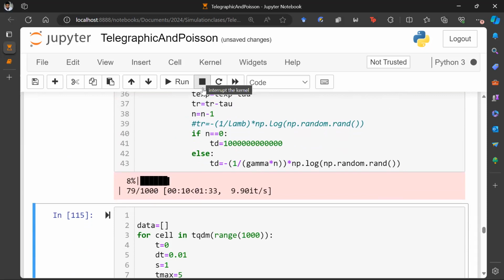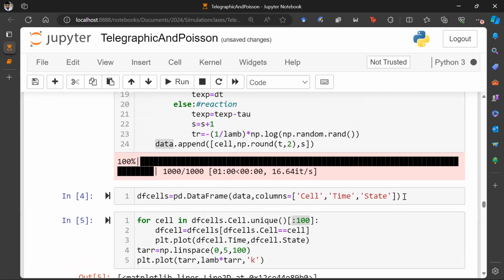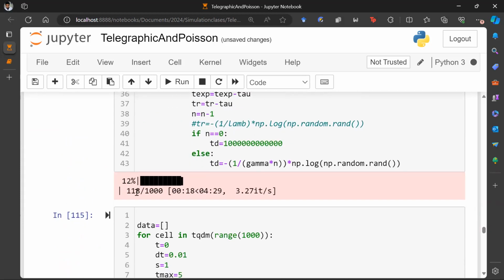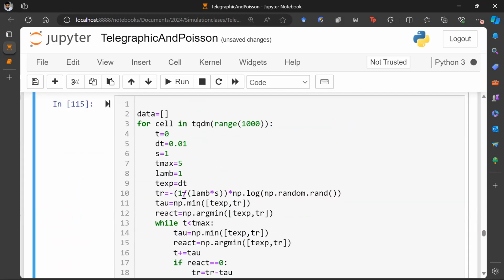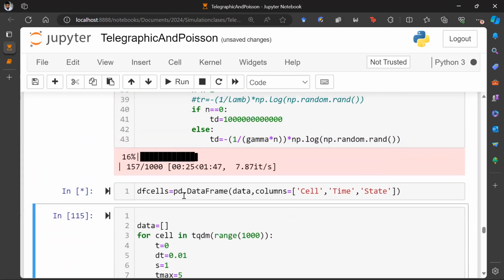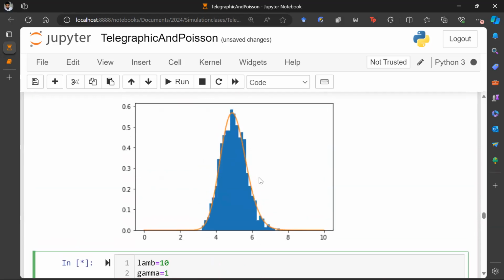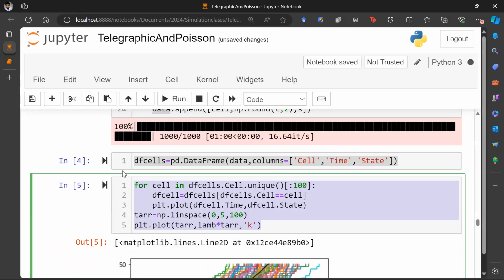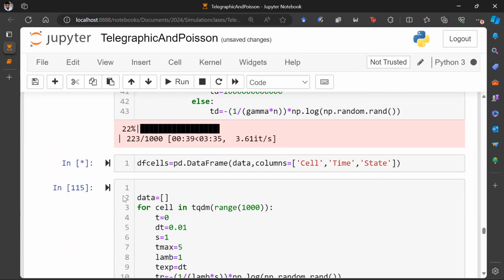I'm going to have the same plot, or save the data and plot. Here when I'm exporting, I'm exporting here, and I can plot.